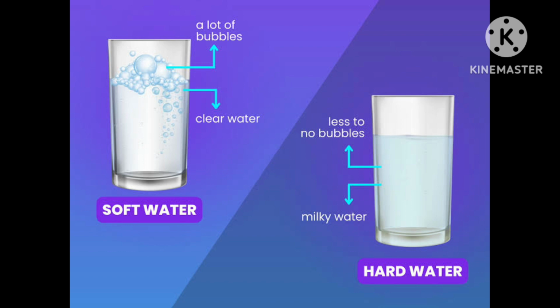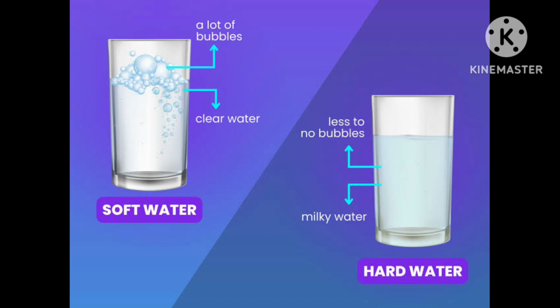On the other hand, water which produces lather easily with soap is called soft water. This is a very important point. If water is soft, then easily you will get lather, and if hard water is there, then it will give you more scum, white precipitate, because it is insoluble.